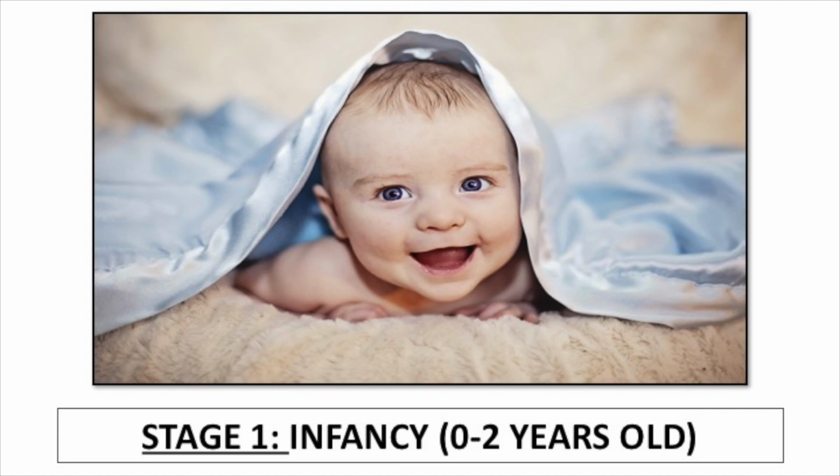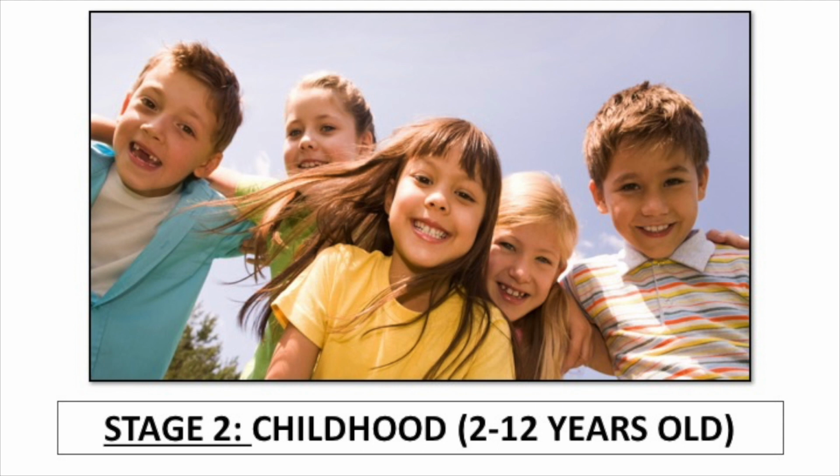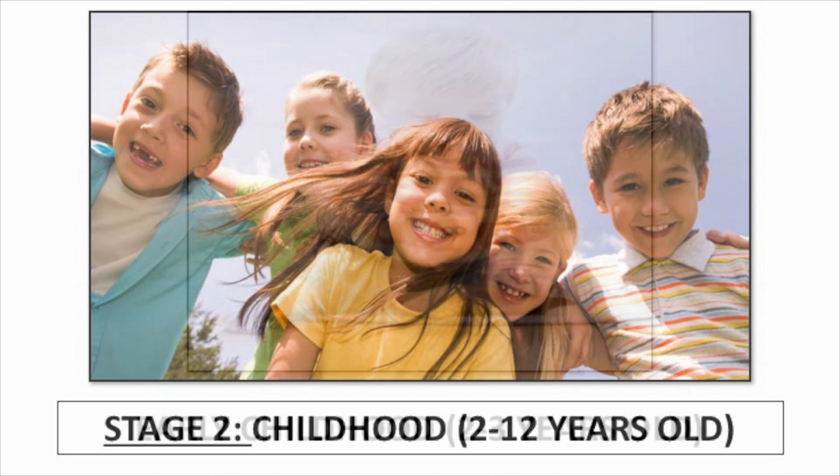And then the next stage, childhood. Now, childhood is quite a long stage of our life. It begins at around 2 years old and carries on until we're 12 years old. But childhood is made up of 3 different stages of its own.